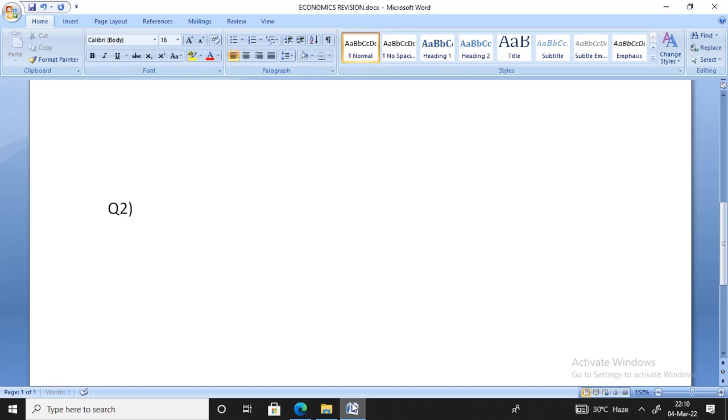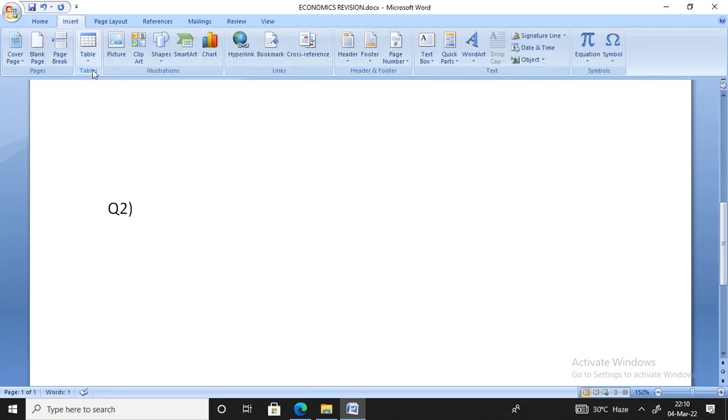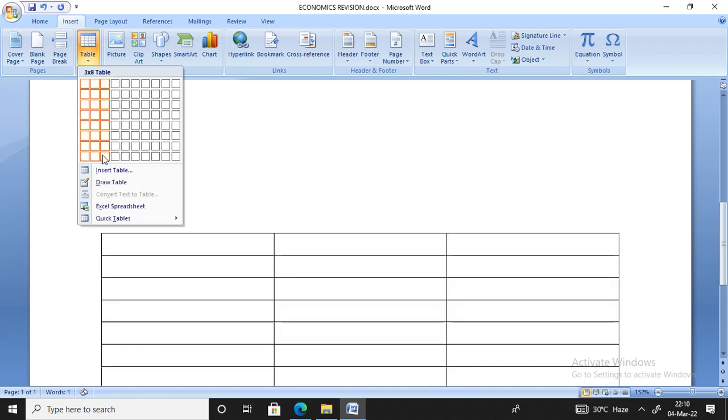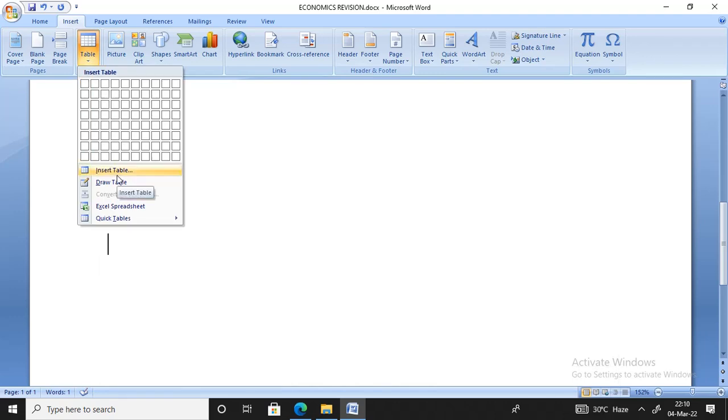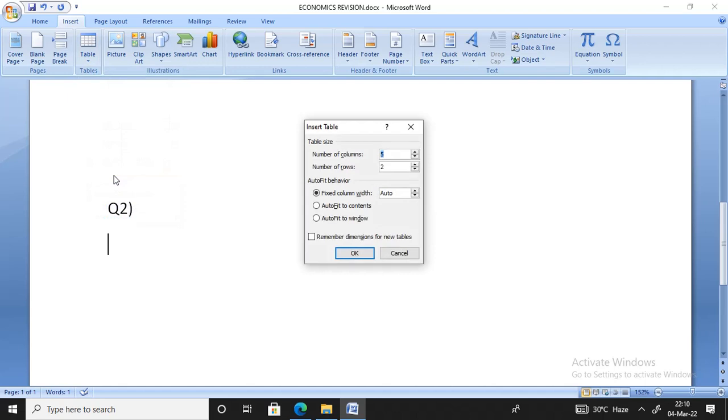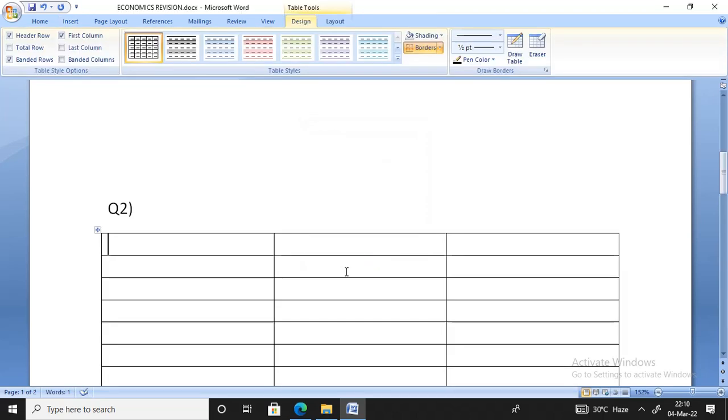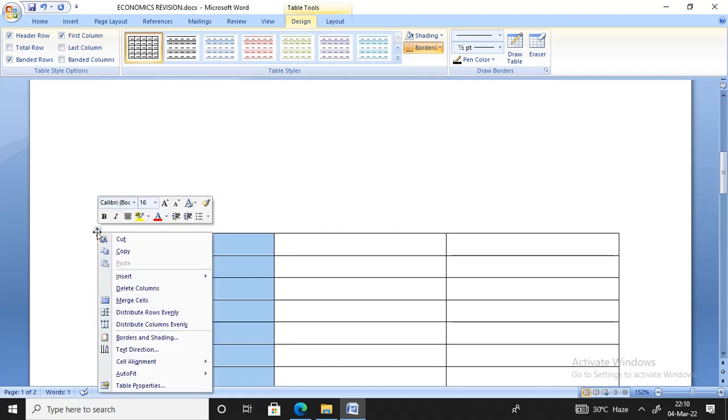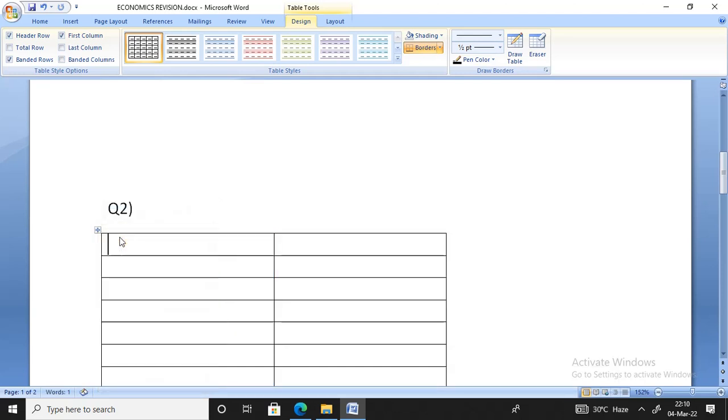Okay, section B, question 2. A table that has got at least 6 columns.